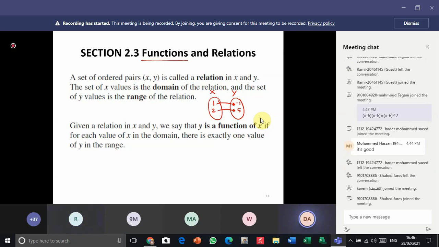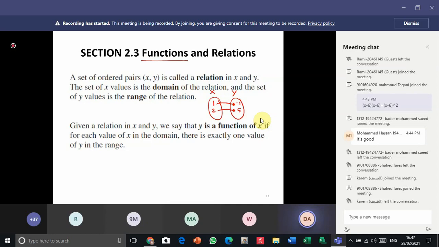We must study the very specific constraint to convert a relation into a function. What is the meaning of function? Any value in the domain must be linked with one value in the y.